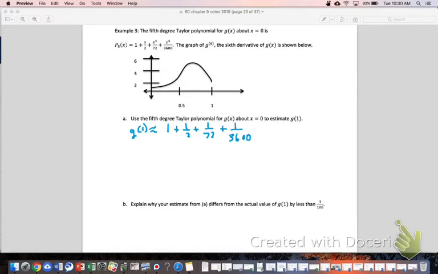You okay? Okay, so then in B, explain why your estimate from A differs from the actual value of g of 1 by less than 1/100th. So maybe we put that error bound in there and we say the absolute value of g of 1 minus p sub 5 of 1.